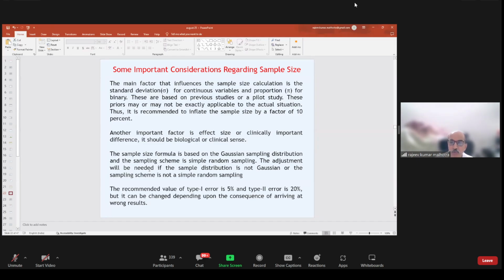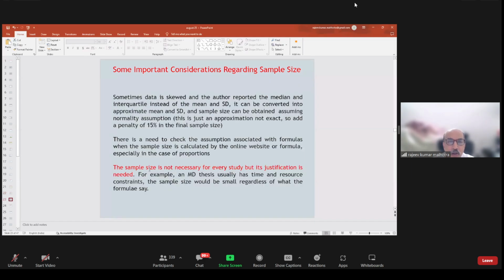The recommended values of type 1 and type 2 error are 5% and 20%, but they can be changed according to the consequences of the results. Sometimes data is skewed, and an author reports the median and interquartile range instead of the mean and standard deviation.